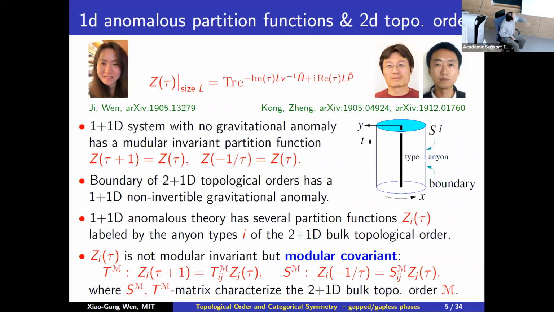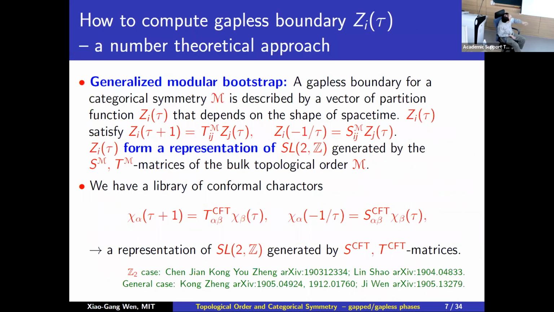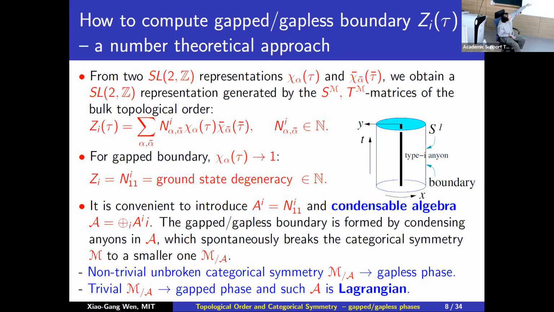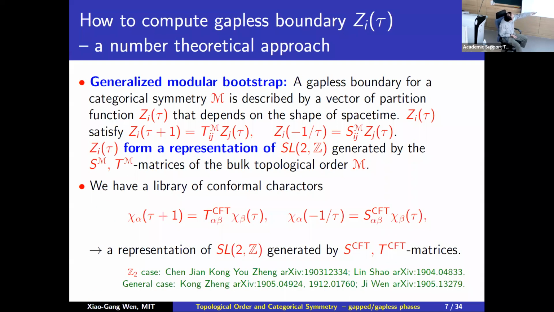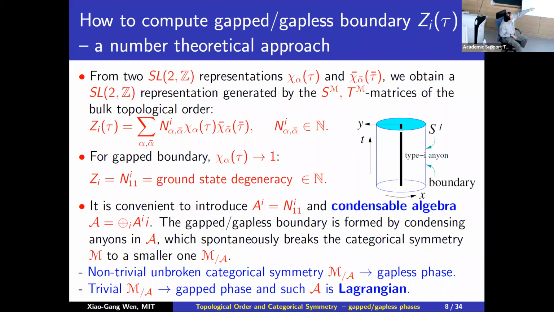But you can construct the modular invariant partition function using the conformal characters, by choosing them properly. That's what people do in conformal field theory: using conformal characters to construct the modular invariant partition function. In your construction, these are TCFT and SCFT here. But once you get the modular invariant partition function, it's just modular invariant.